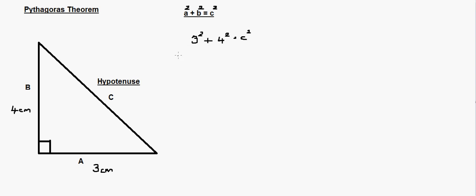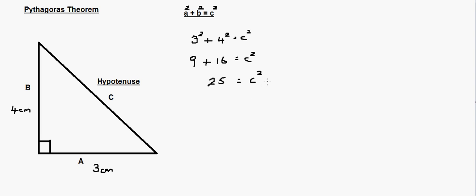Okay, so now we need to find out what these numbers are. So 3 squared is 9, plus 4 squared is 16, and this equals c squared. Remember, this equals c squared, not c. 9 plus 16 is 25, so this equals c squared.